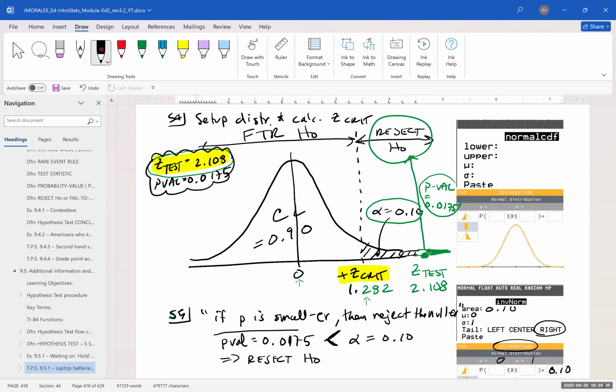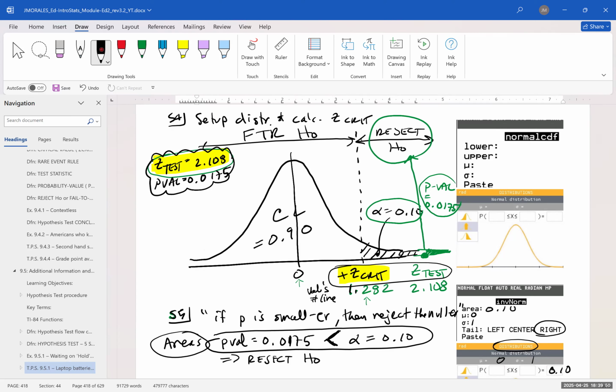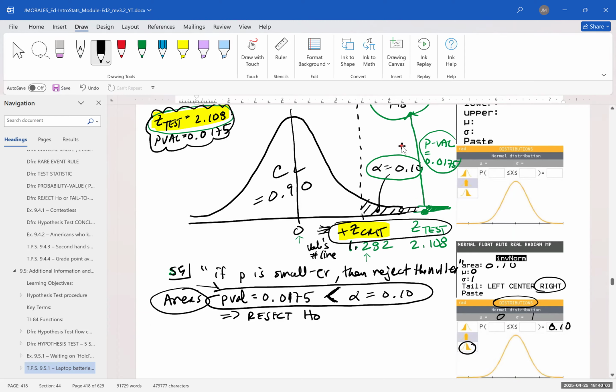Here, we're comparing areas. And up here, we compared values on a number line. So, apples to apples, oranges to oranges. But either way, it leads you to the same conclusion that we're rejecting the null hypothesis.